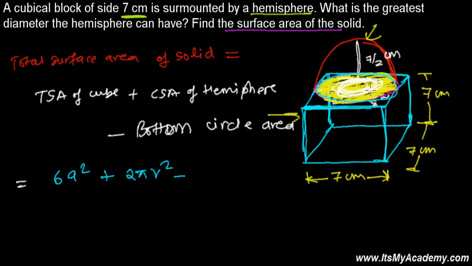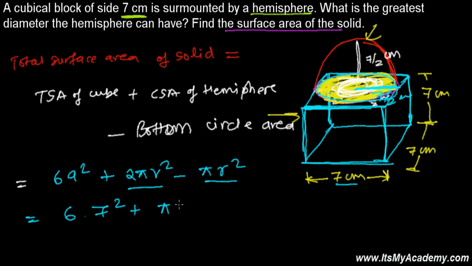This is a circle with radius 7 over 2 centimeter, so it is pi r square again. It's 6 times a square, where a is 7 centimeter, so 7 square, plus 2 pi r square minus pi r square. So it's simply pi r square.